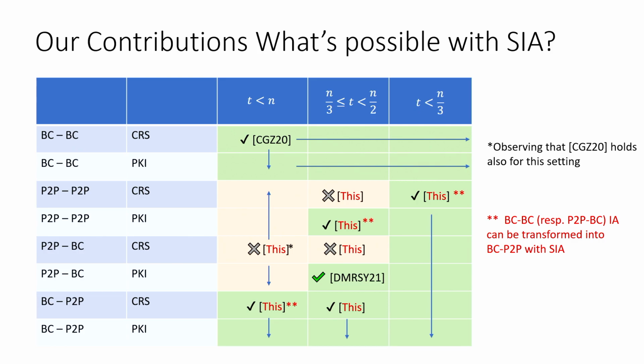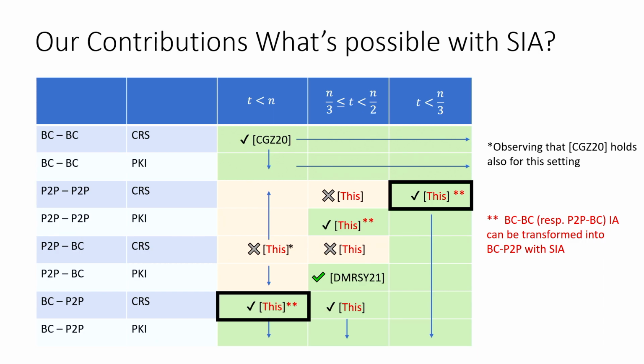And let me stress here that in this specific setting that I highlighted, the best guarantee possible is selective identifiable abort, meaning we cannot do better. So in this setting, we guarantee some form of identifiability, which before was not possible, since identifiable abort is impossible in those settings. Okay? So that's the general overview of our results.